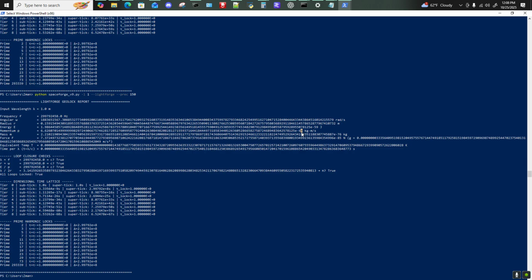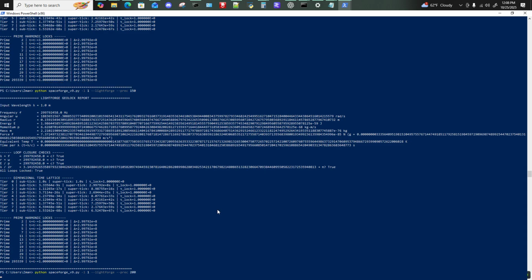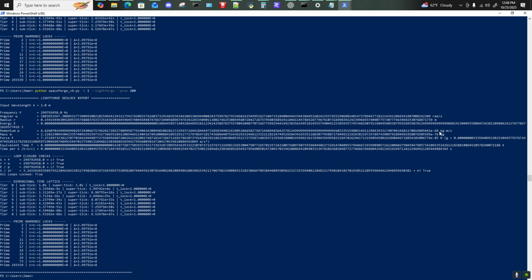So notice the exponent's not changing. See, it's still to the negative 68 power. So I can give it as many decimal places as I want.